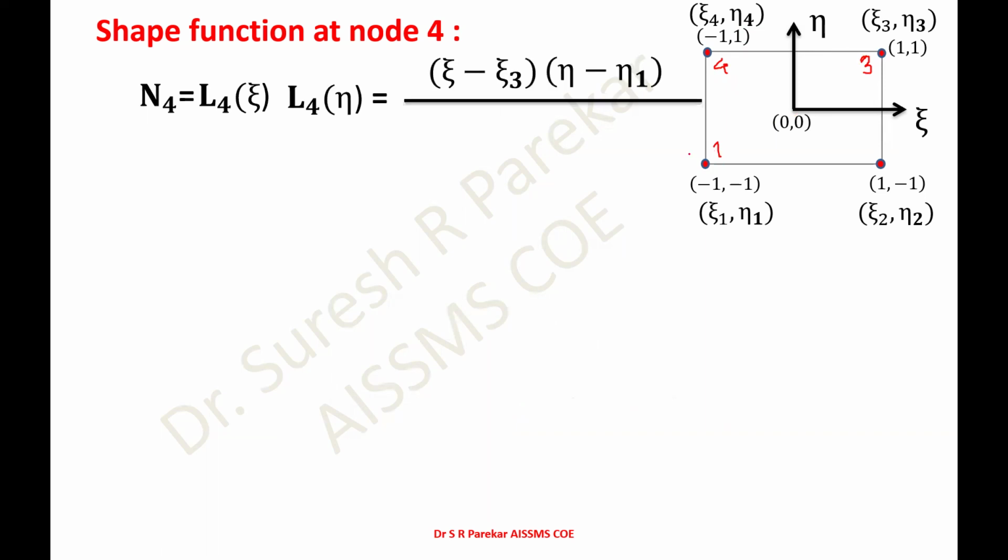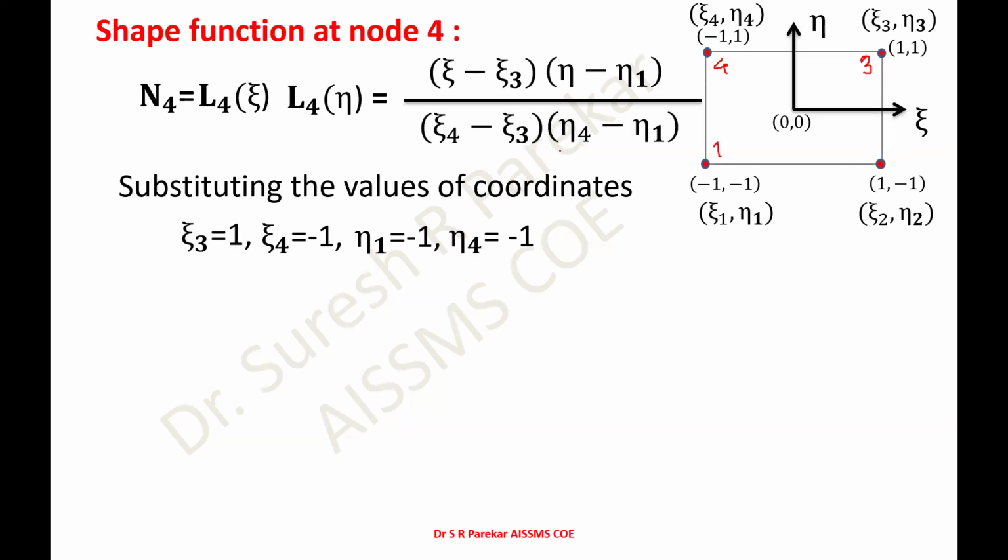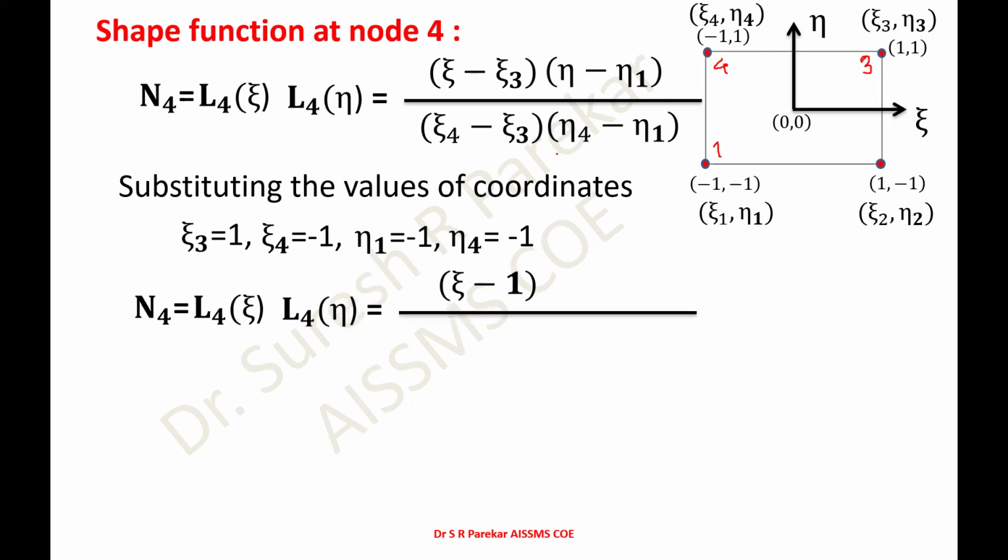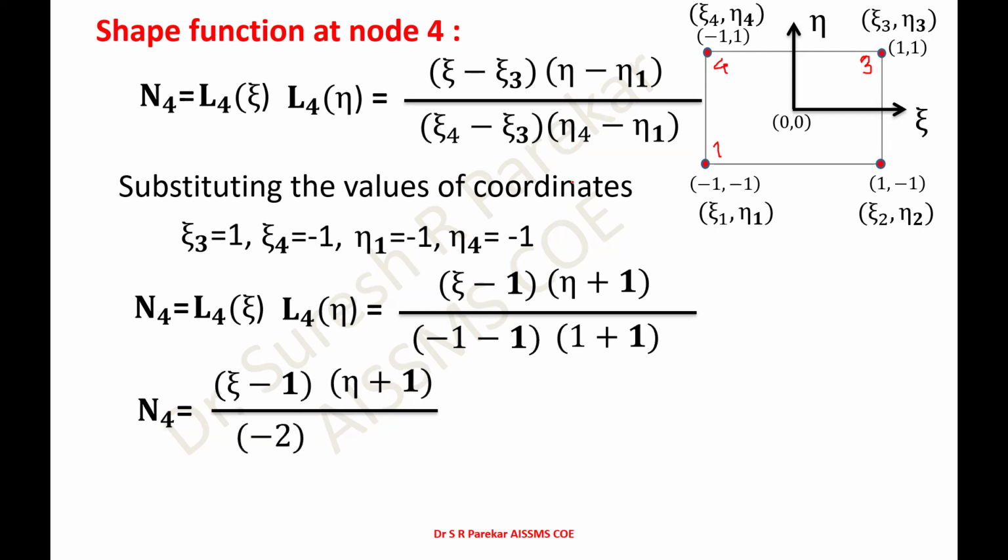Likewise, zeta and eta are replaced by zeta 4 and eta 4. Then we substitute these values and we get this equation in this fashion. Now I will show you: we write this term with minus in bracket 1 minus zeta. This minus minus becomes plus. So 1 by 4, 1 minus zeta, 1 plus eta.